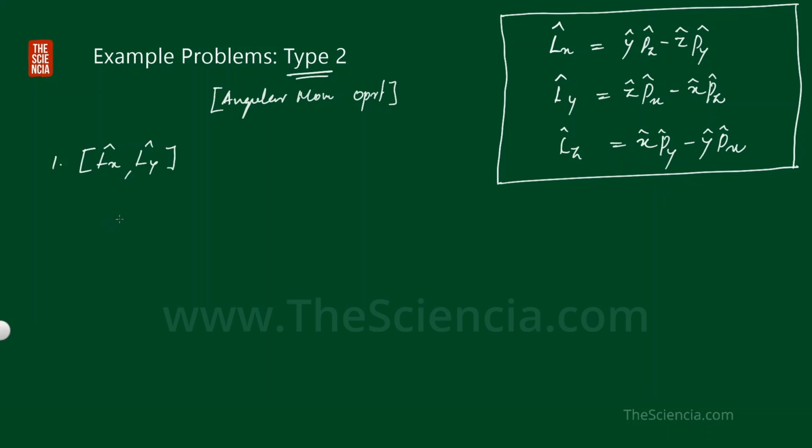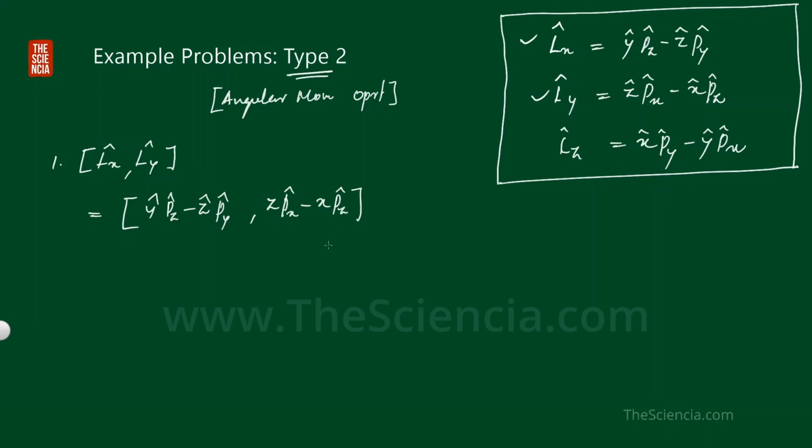How can we solve it? We have to substitute the values of Lx and Ly in this commutator bracket. That is Lx equal to y cap pz cap minus z cap py cap, comma Ly, that is z px cap minus x pz cap.